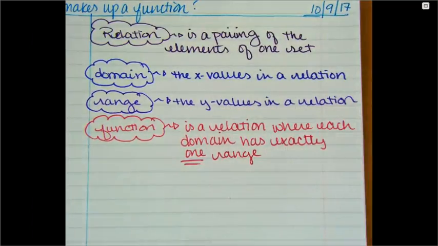So for every x value, I get a y value. But for every x value, I only get that same y value. So if I plug in 2 for x, I should only get like 4 for y. I can't plug in 2 again and then get like 10. It doesn't make sense. Whatever I plug in 2, I still get the same answer.